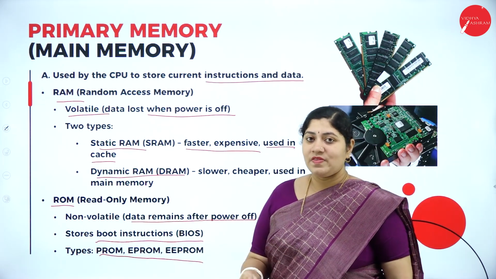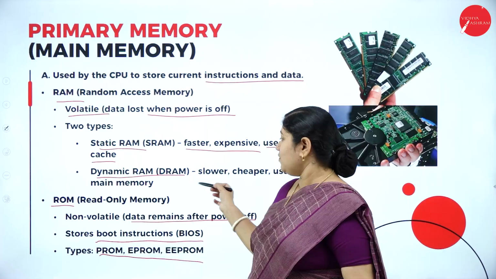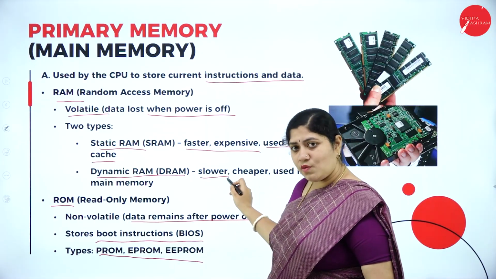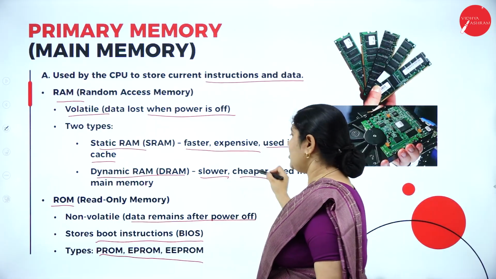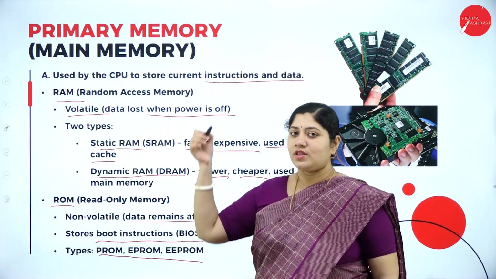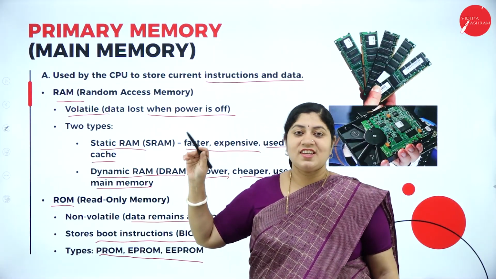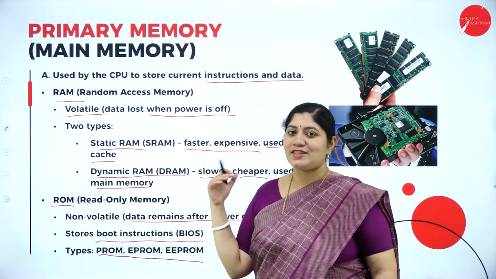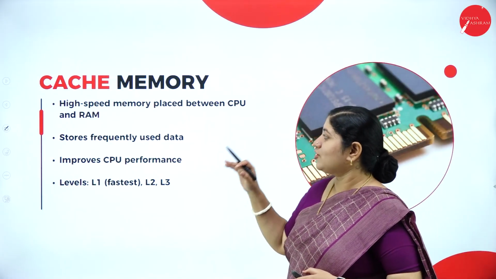Up next we have dynamic memory. This memory is slower and cheaper compared to SRAM, and it is used in the main memory, that's under primary memory. So this is a fast type of memory, the primary memory. The second one is cache memory.